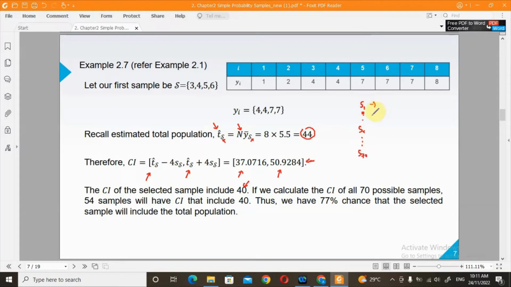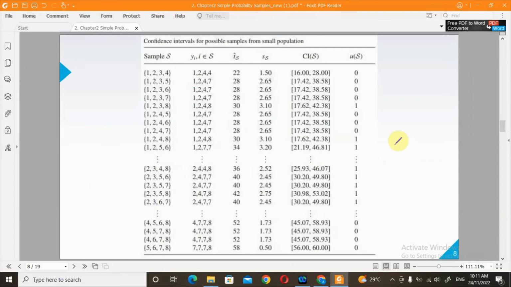We should be able to calculate the mean score, the standard deviation, the variance, and the confidence interval for each of the 70 possible samples here. If you calculate the mean score, estimated population total, and standard deviation, you will notice that this is for the 70 possible samples: number 1, number 2, number 3, 4, until number 70.